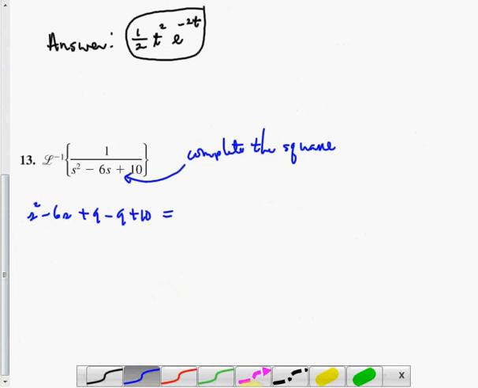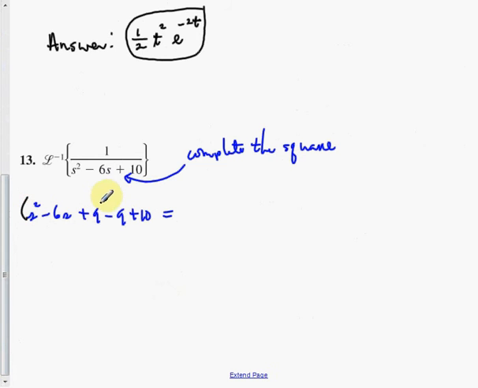So I take the first 3 terms, and you can factor that. That's going to be a perfect square trinomial. So this is s minus 3 squared, and then minus 9 plus 10 is plus 1.